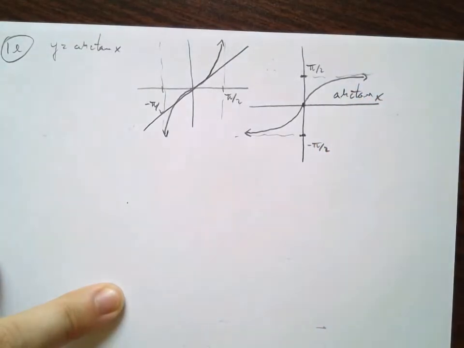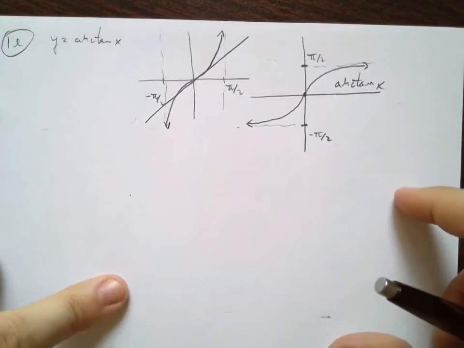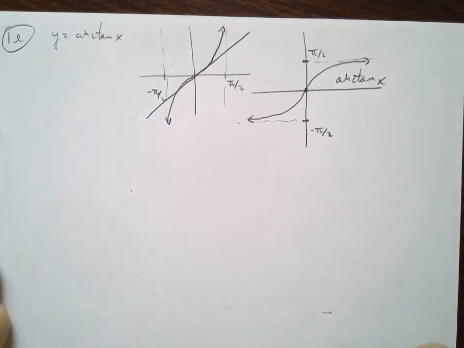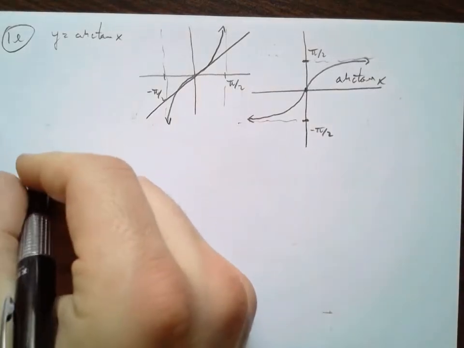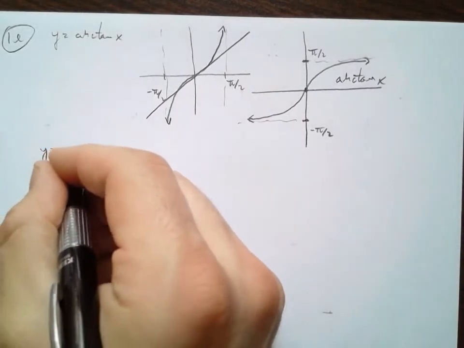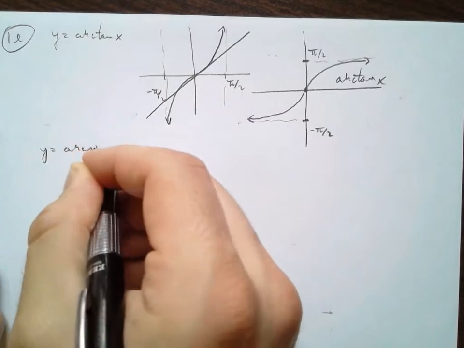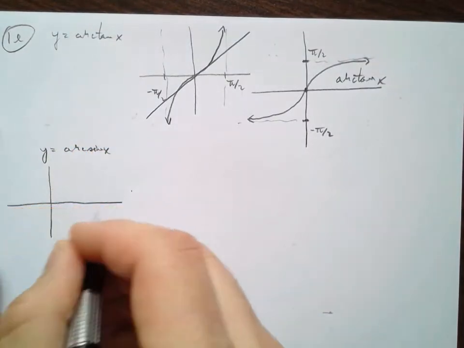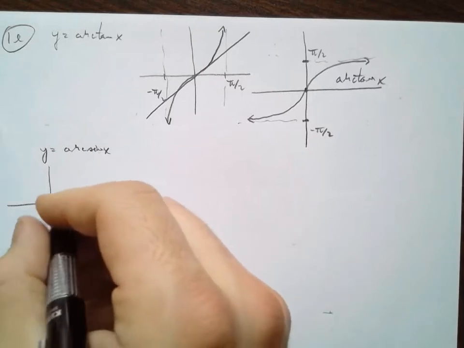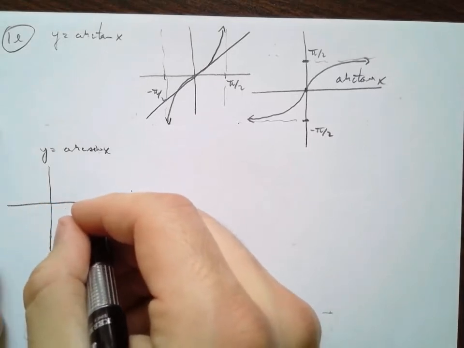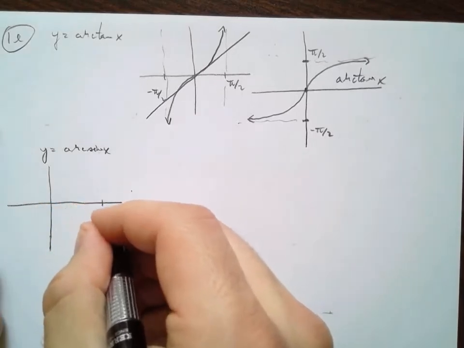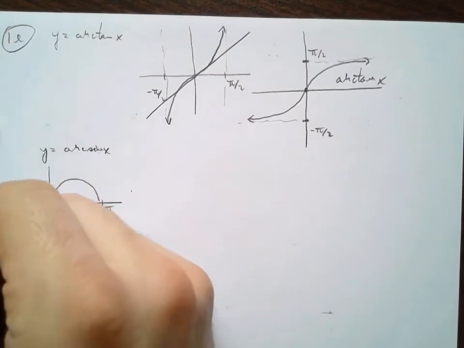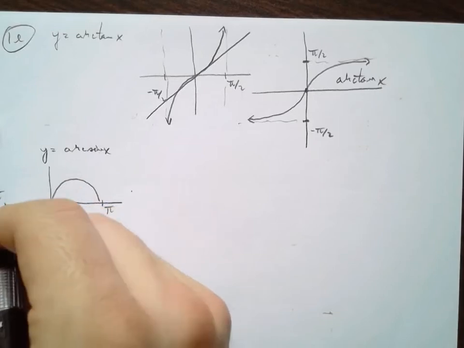So this would be the graph of arctangent of x. We're going to do the same trick with sine of x, with arcsine and arccosine. So let's go ahead and do it. Y equals arcsine of x. Well, I start with the graph of sine, and let's go ahead and graph it between 0 and pi, and then let's actually go all the way to minus pi.